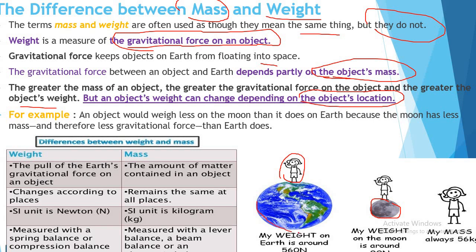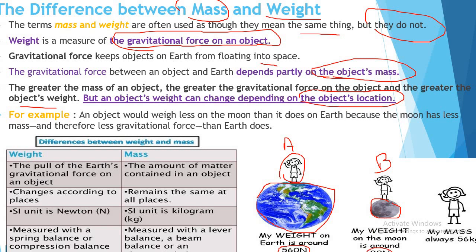Why? Here is girl A and girl B. The girl here on the Earth weighs 560 Newtons, but on the moon around 90.